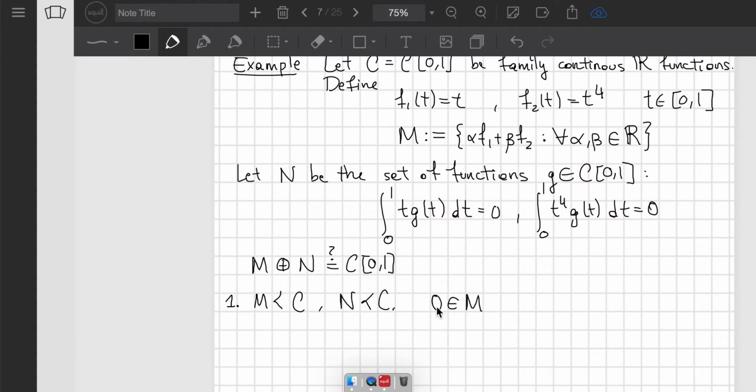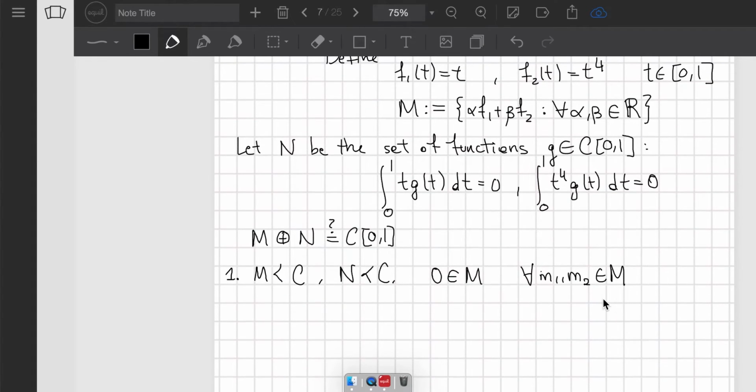So this is actually the third condition. The third condition is met. We also have to show that there is closure in addition. So for every m1 and m2 belonging to M, the addition m1 plus m2 has to belong to M. Is this true?